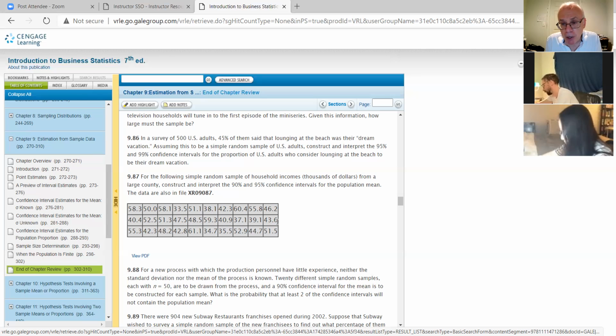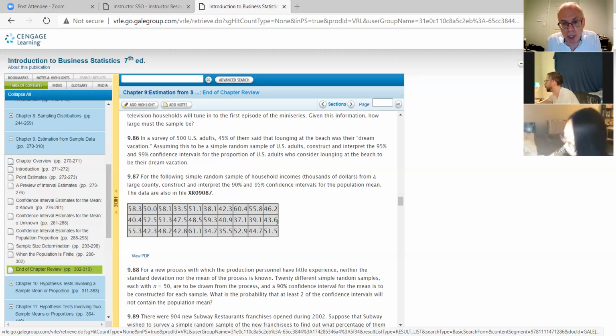It is a common mistake with beginning students of statistics to use a z critical value in this case. Whenever we replace the population standard deviation, which is unknown, with a sample standard deviation, we must use a t critical value.